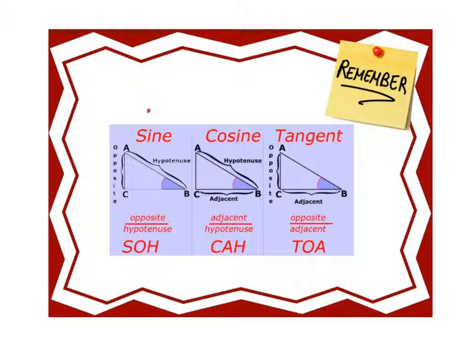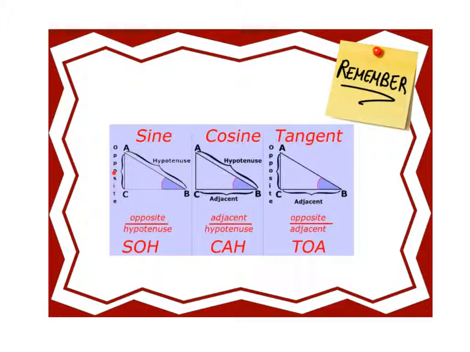Okay, so let's start with this one here. If I know this angle here, I'm just going to call it angle B, whatever this angle is, and I'm trying to compare this leg to this leg, it won't matter how big I enlarge this triangle. This side we call the opposite because it's opposite the angle, and this is the hypotenuse, because that's across from our right angle.